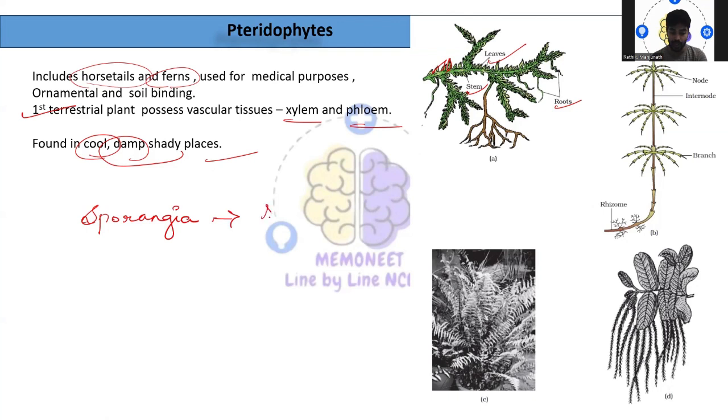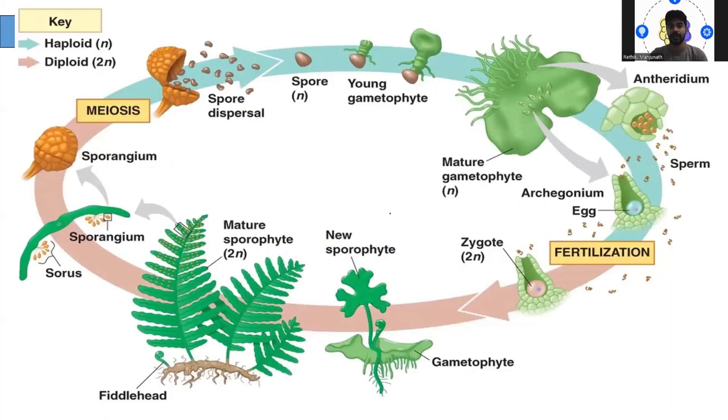For example, if this is the leaf, you will see the sporangium being submerged on the leaf. So if you take any pteridophyte, on the leaf you will actually see this sporangium.